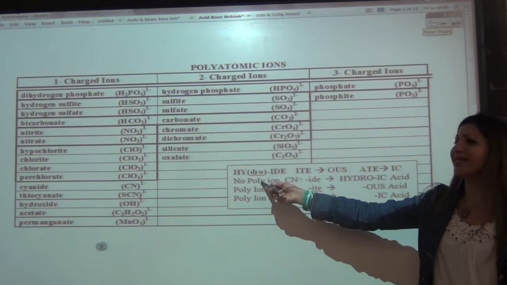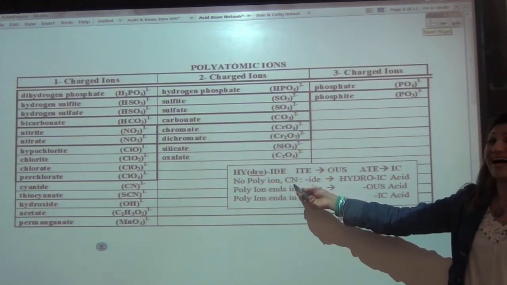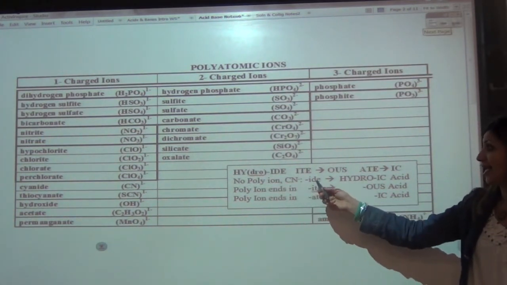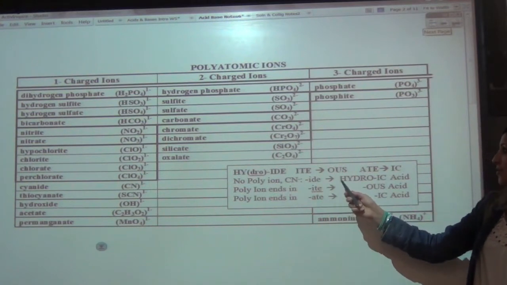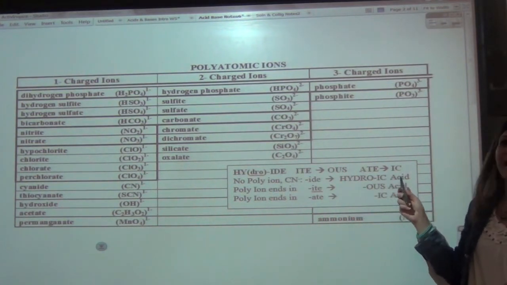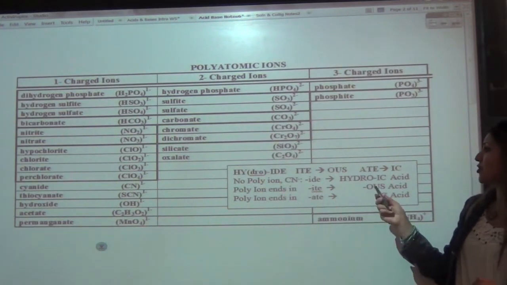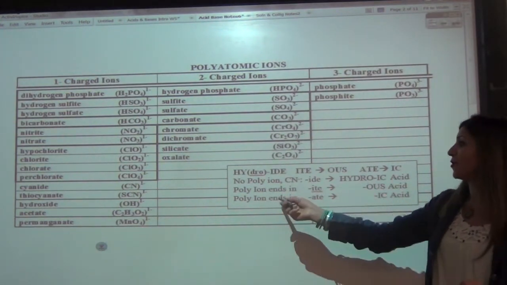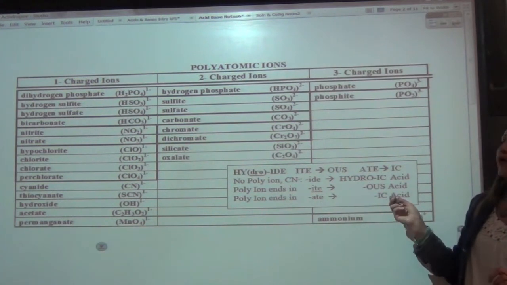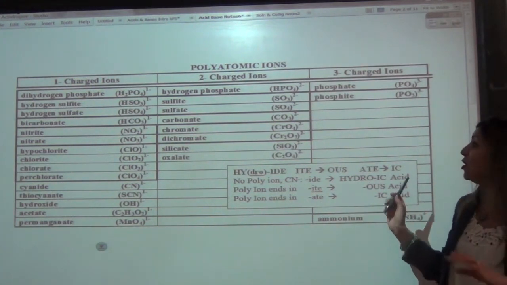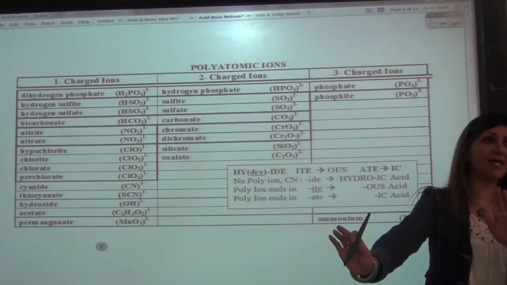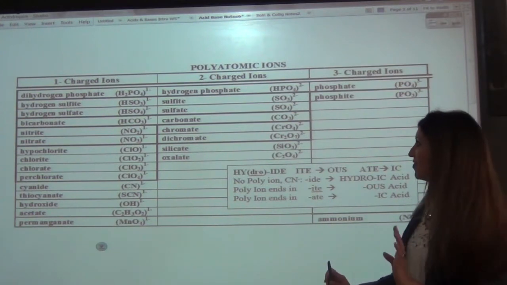So if there's no polyatomic ion, or cyanide, okay, those end in "ide." So those are going to be the hydro ones. You're going to name that as hydro-...-ic acid, okay? If the polyatomic ion ends in "ite," you're going to change that to "ous" acid, and if your polyatomic ion ends in "ate," we're going to change it to "ic" acid, okay? Or the other way around, if you're given the name, then you just work backwards with that, okay?